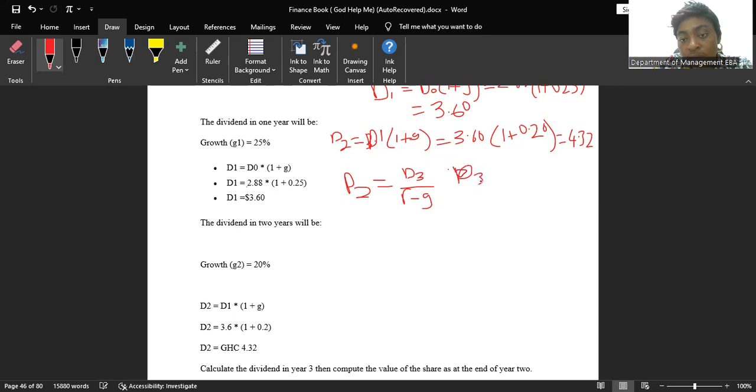D3 will be D2 times 1 plus the growth. Now we know D2 to be 4.32.